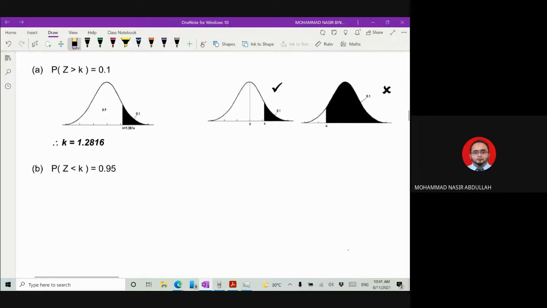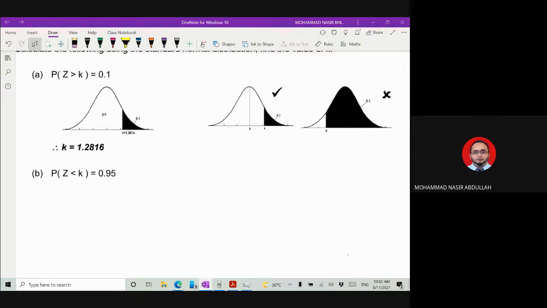So now, let's look at this one. Probability of Z more than K equal to 0.1. So we know that the total area on the right is 0.5, and on the left hand side is also 0.5.